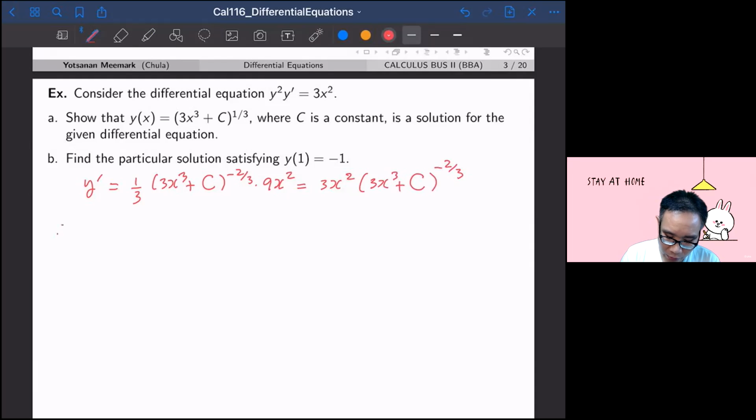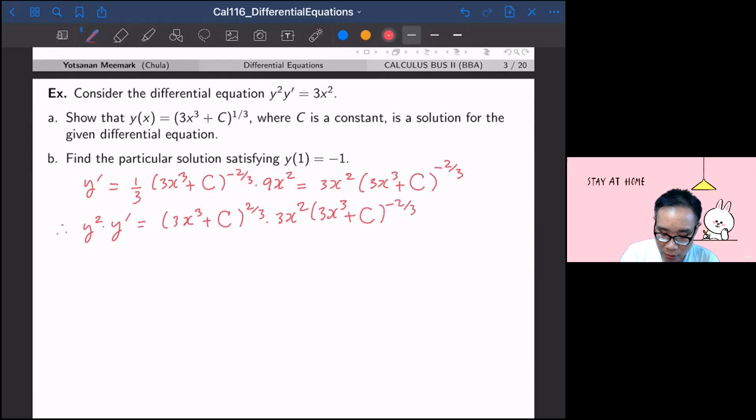And then you have y squared times y prime. y squared is 3x cubed plus c to the 2/3, times y prime, which is 3x squared times 3x cubed plus c to the negative 2/3.